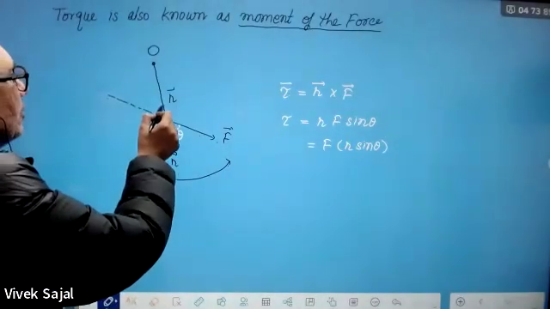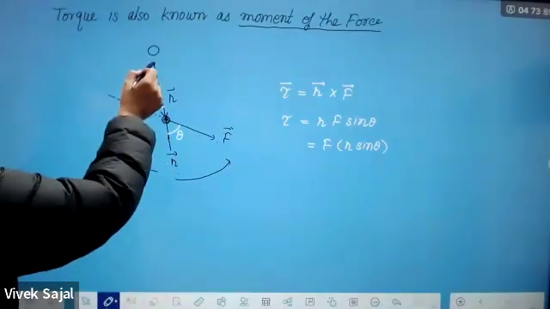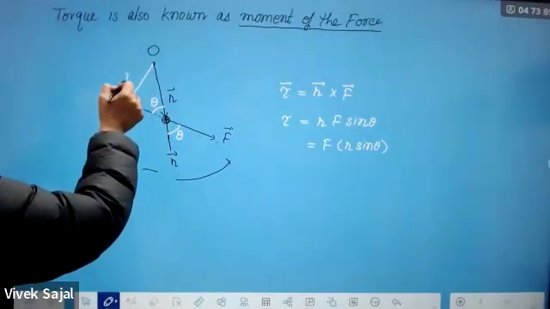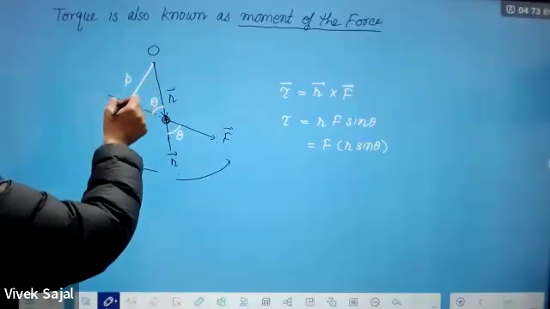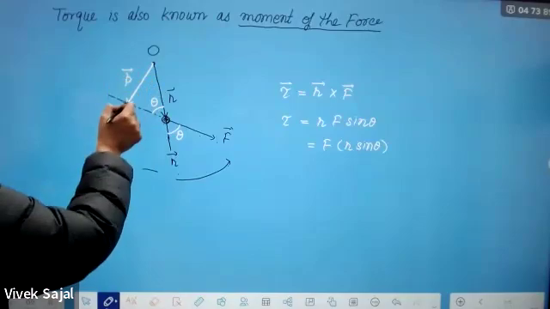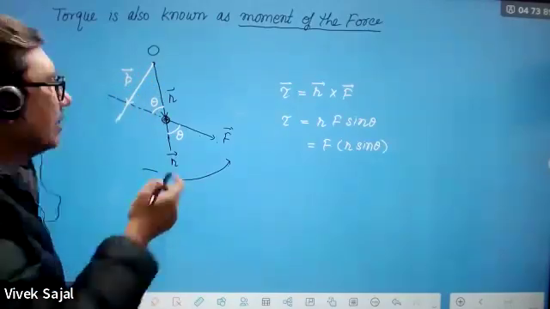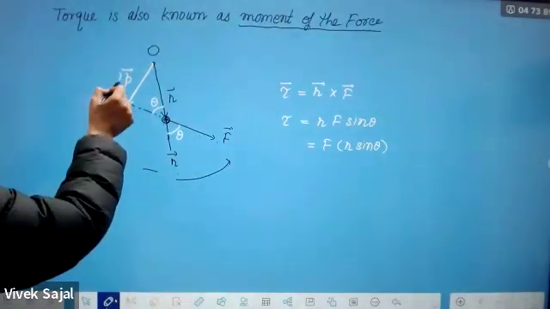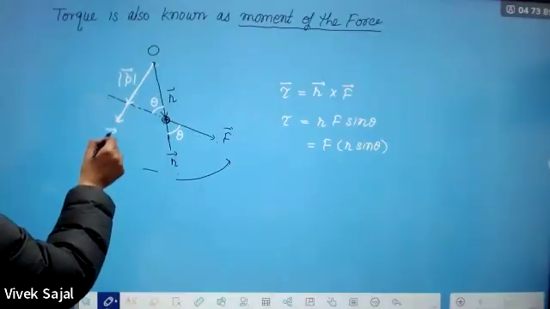This is theta, so this angle will also be theta. What do you do? Draw a perpendicular from here. This perpendicular is represented by P. And if you want to represent this as a vector, then this will be the P vector, and the mode, the length of this vector, will be P. If you look, this is the P vector here.